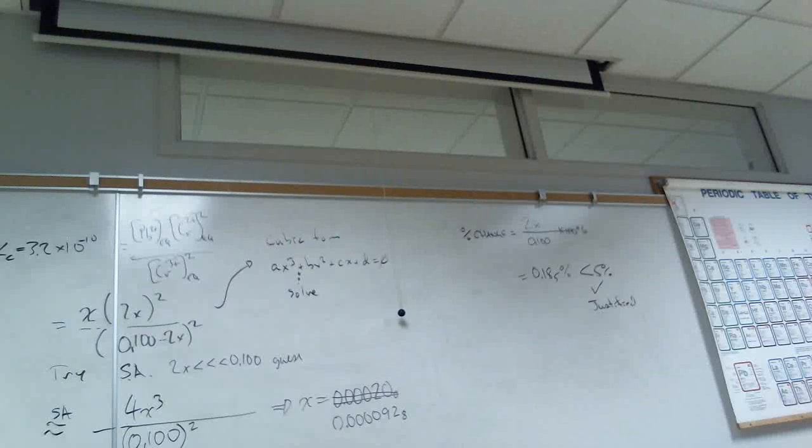And we're going to go ahead and calculate our concentration. Even though we said 2x is negligible, now we don't want to add another error by doing that. We're going to go ahead and calculate it. So it's going to be 0.100 minus 2x.